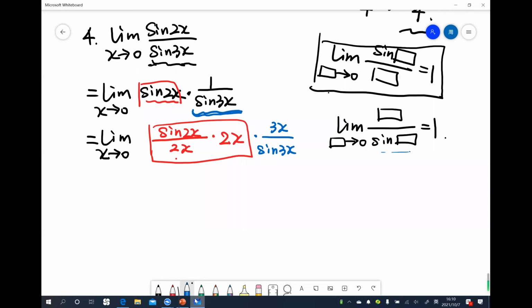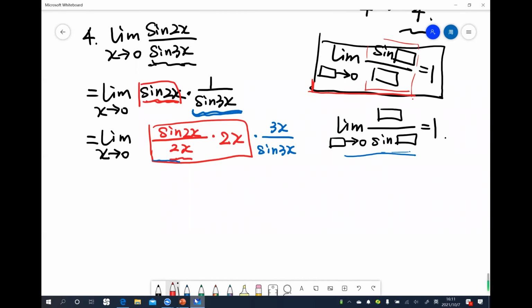But to make... I could not understand the second line, Laoshi. Same here. We have the second line, sine 2x by 2x multiply 2x. This one, right? Because we want to use the formula here. So here, sine 2x, then we have to divide 2x here to make the same form of the formula.